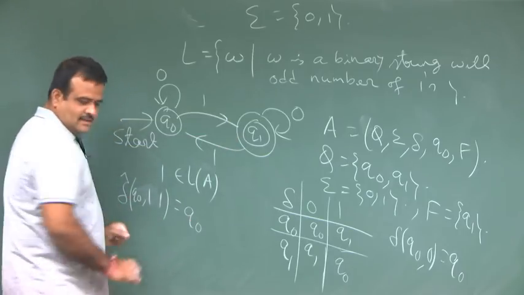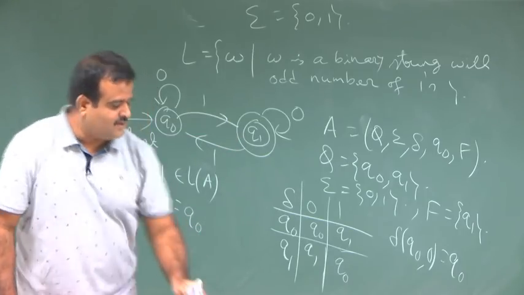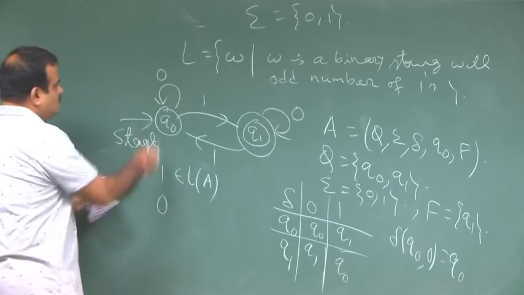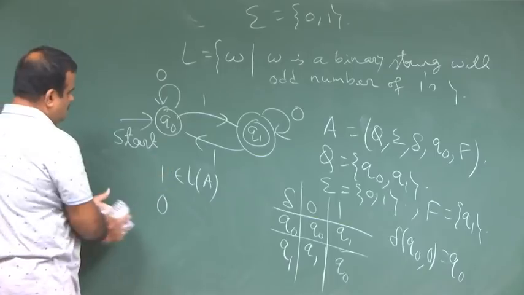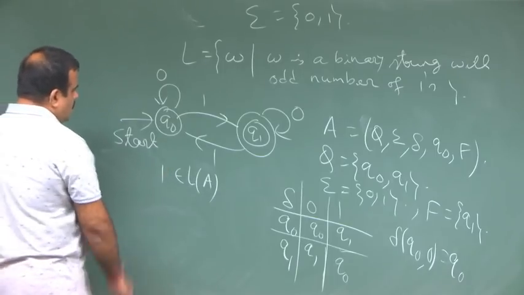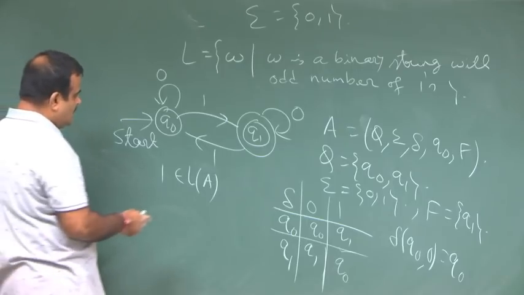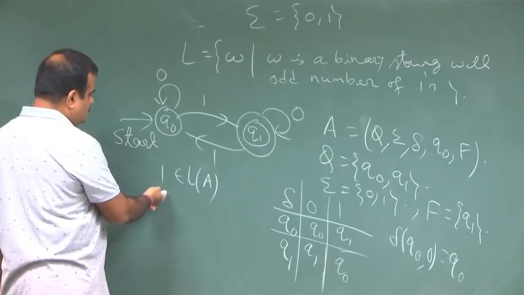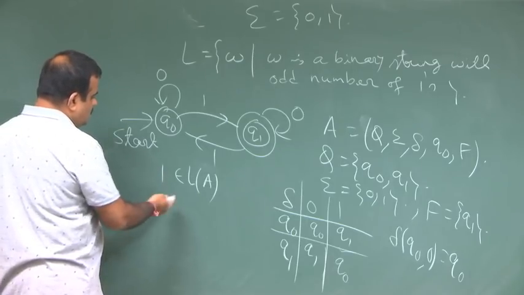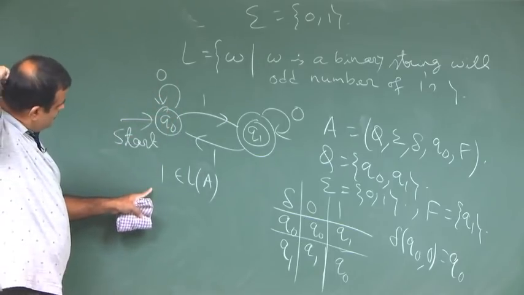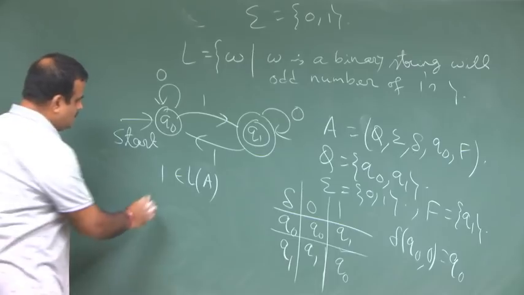So, 1 is not accepted. Now, 0 is not accepted, because delta of 0 remains at Q0. Now, two symbol strings.